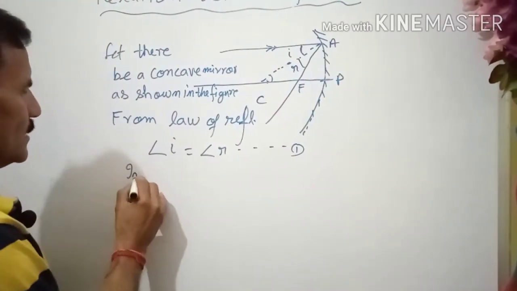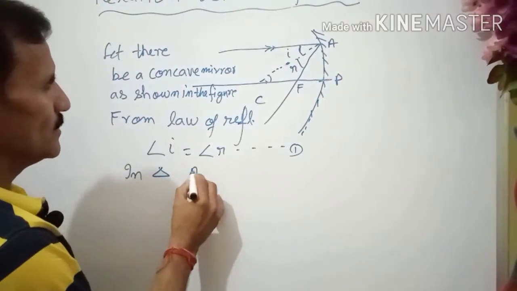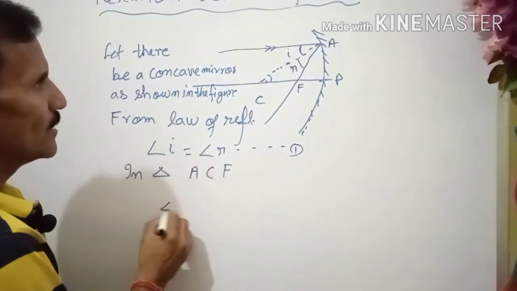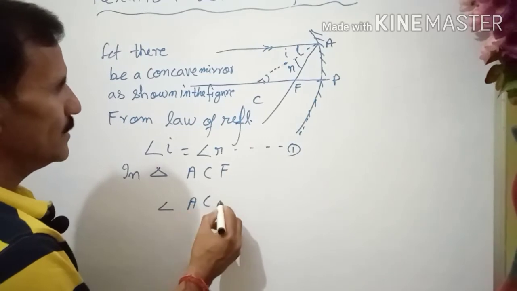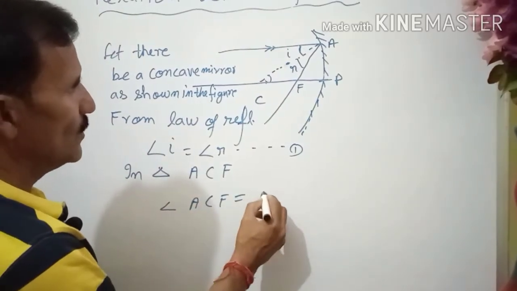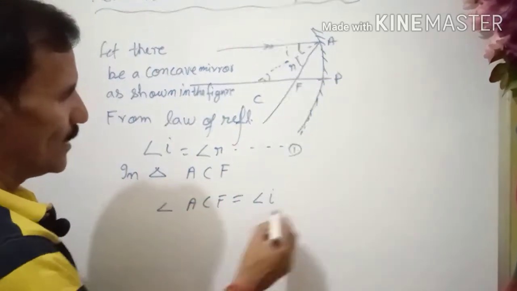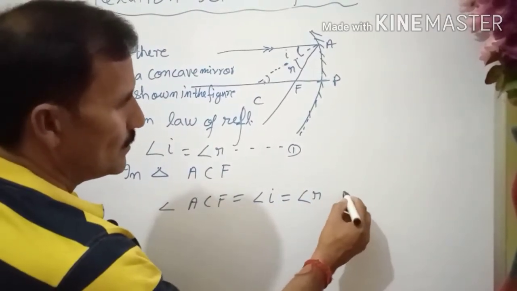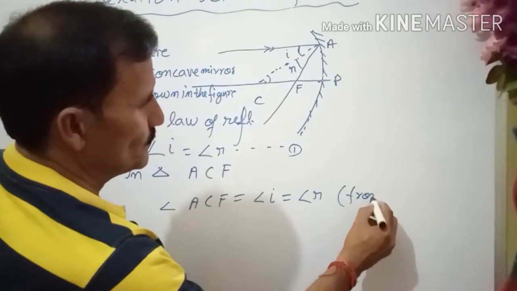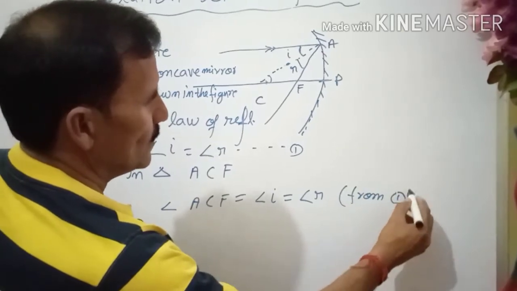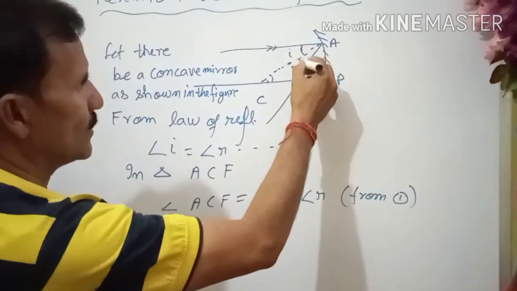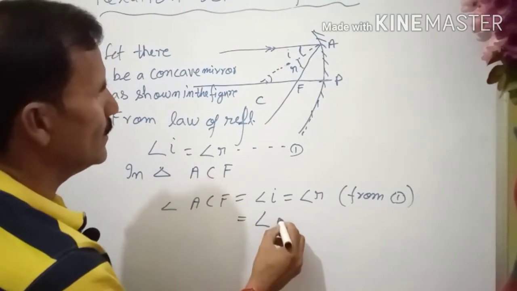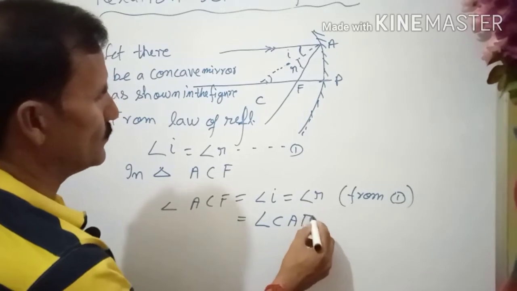So in triangle ACF, what are you getting here? Angle ACF is equal to angle i, and that is equal to angle r from 1. And angle r is nothing but angle CAF.